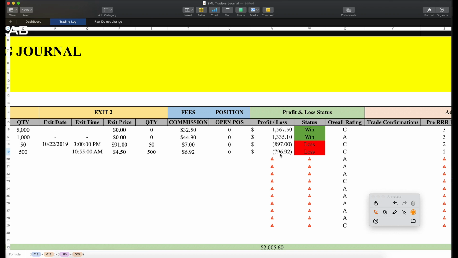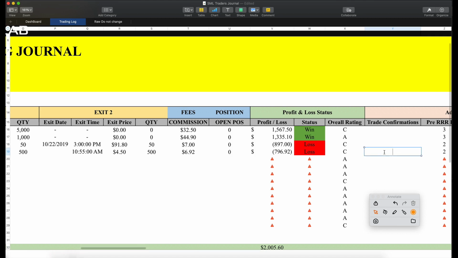Not a good trade. That's never a good thing when you lose more money than anticipated, because that showcases you didn't follow your plan. Now, there may be times where you have a solid reason behind that, but if you don't have a solid reason and it was solely just emotions, then that's not a good trade.